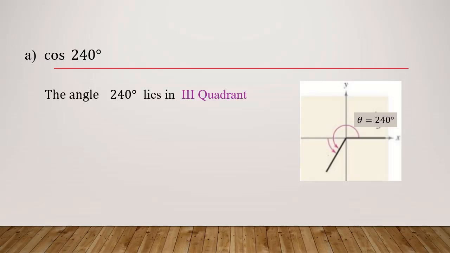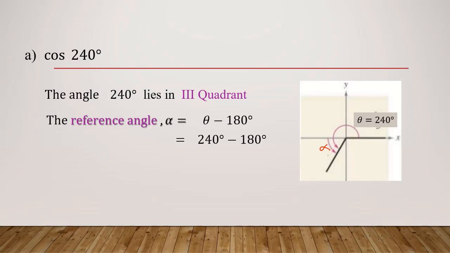Since we know that the angle 240 lies in the third quadrant, we have our reference angle alpha here. We find it by using the formula theta minus 180. So we will have 240 minus 180, so we get 60 degrees as our reference angle.